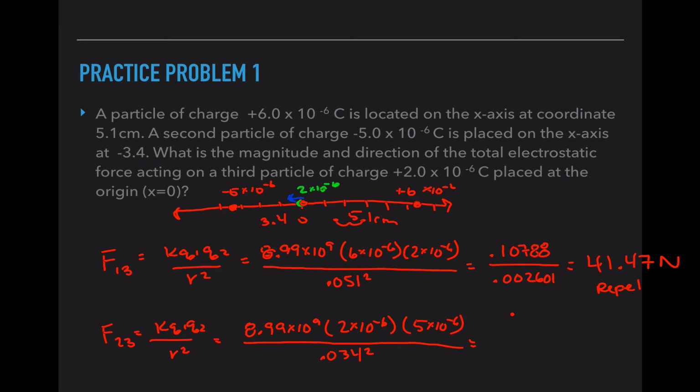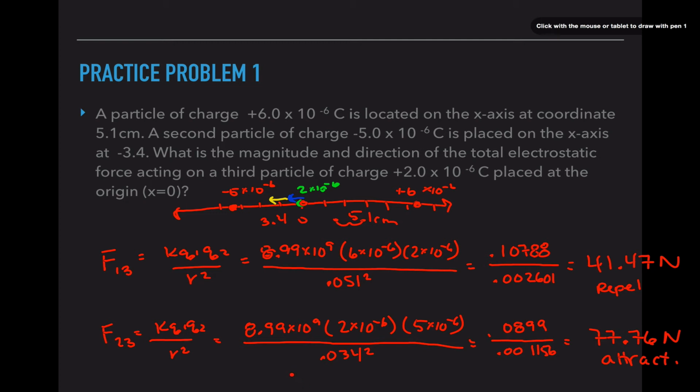Top of my fraction bar is 0.0899. Bottom of my fraction bar is 0.001156. I'm going to divide those out, and I have 77.76 newtons, and this is an attractive force. So this force is also being felt in this direction.